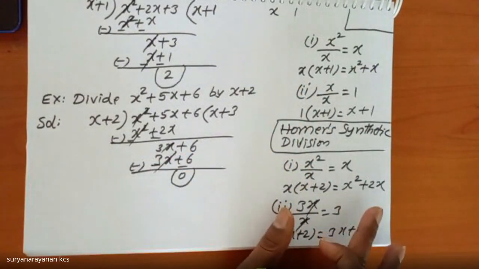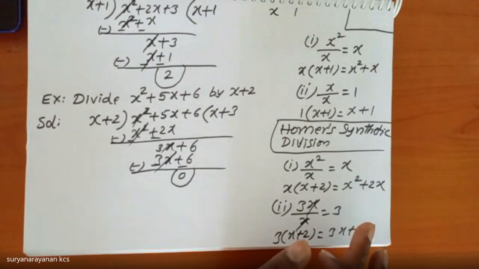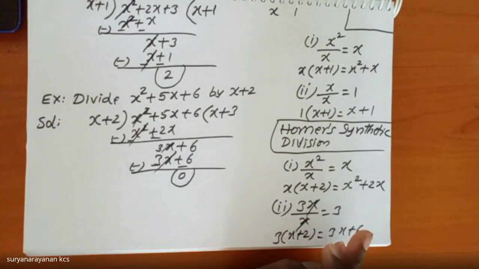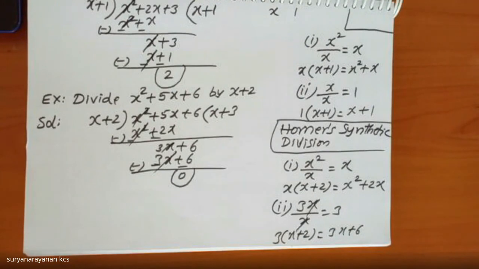A mathematician discovered a theorem called the remainder theorem, for when you divide a polynomial by a linear polynomial.